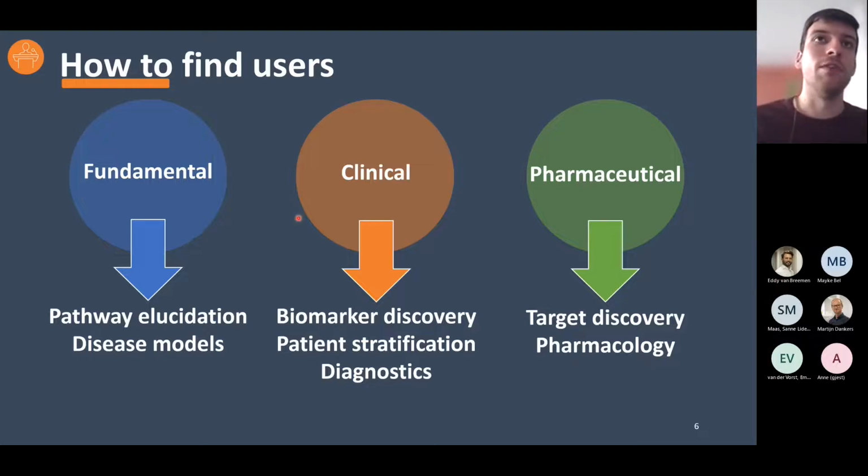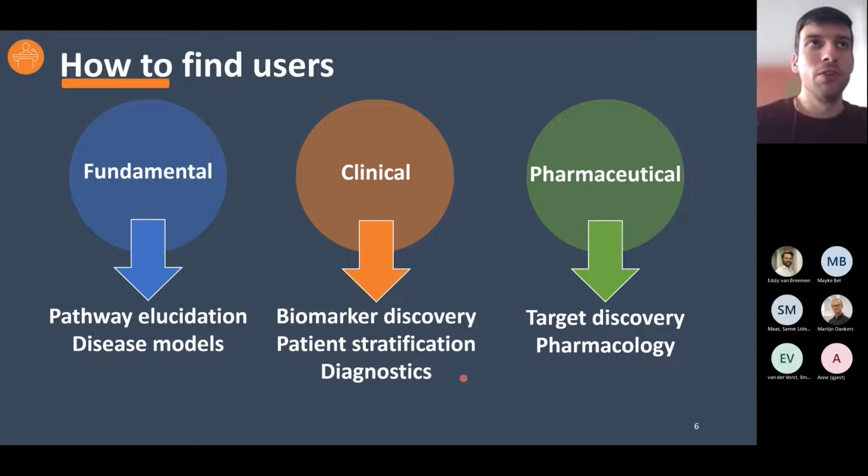And on the other hand, we have clinical groups that do experiments using human material. And in this case, you can consider, for instance, the discovery of certain biomarkers to stratify patients, or to discriminate responders versus non-responders to a certain drug. And if you're familiar with our diagnostics platform, this is also an avenue that we are approaching, to really use kinome profiling as a way of diagnosing clinical conditions.